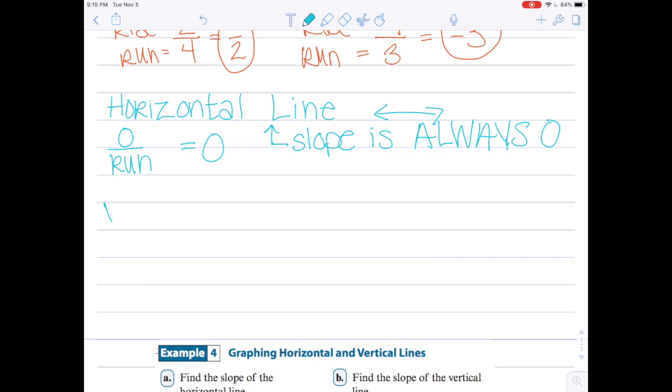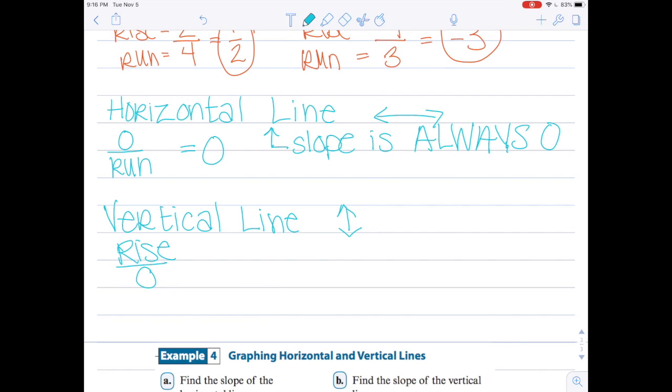Okay, let's take a look at a vertical line. Well, what do we know about a vertical line? Vertical lines go up and down. They never move left and right. They're just straight up and down. So that means it's always going to be whatever the rise is divided by 0, because it's never going to move left and right. Well, you can't actually divide by 0.